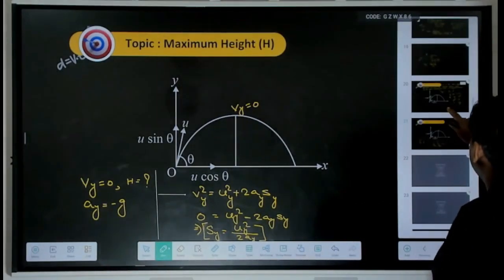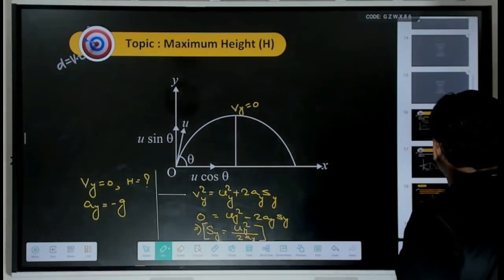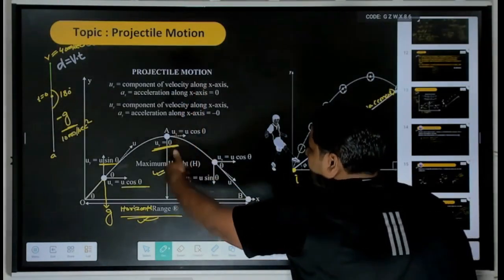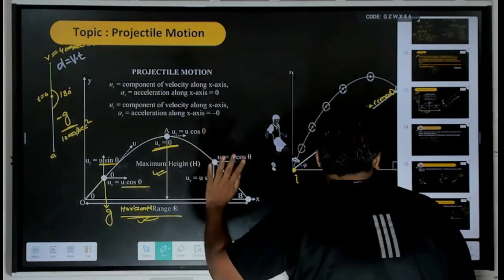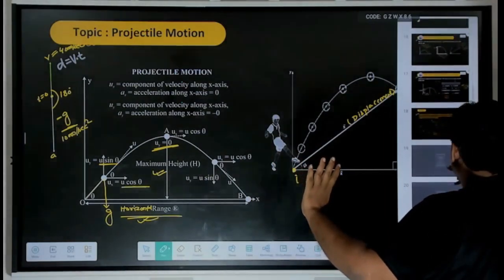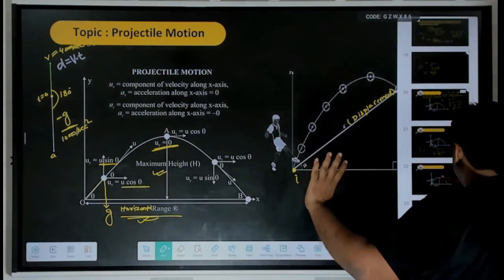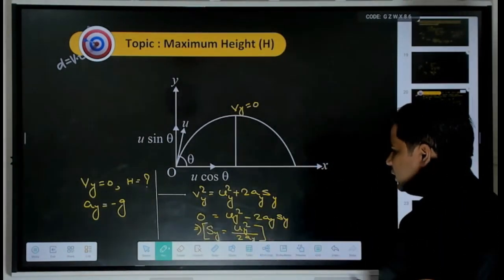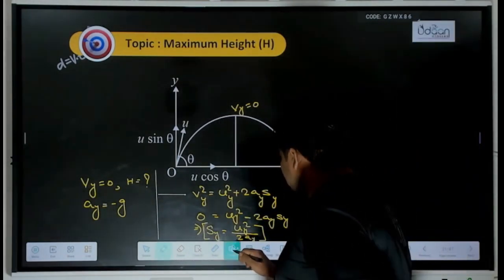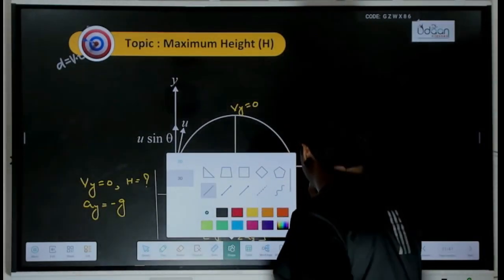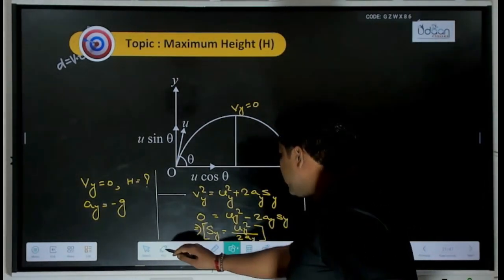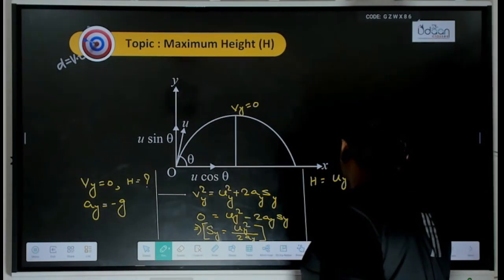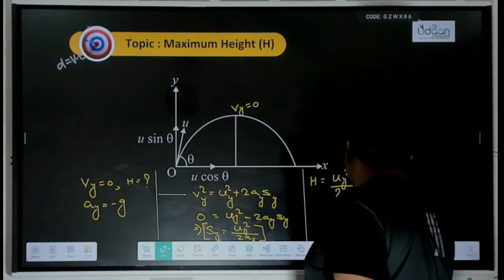See student, we have already discussed it here. This is the maximum height, and at the maximum height vy will be considered as 0. So if I apply this concept, h will become uy square upon 2ay.